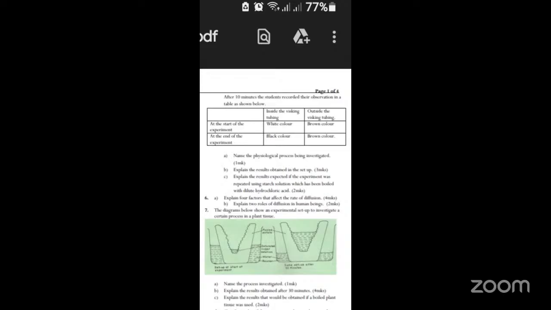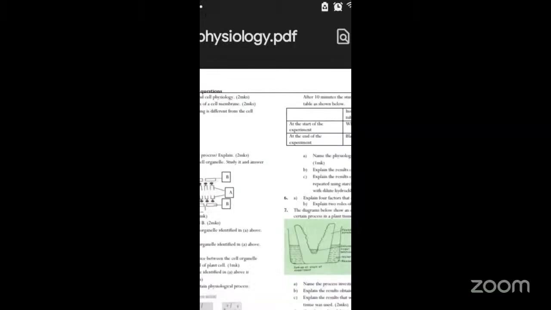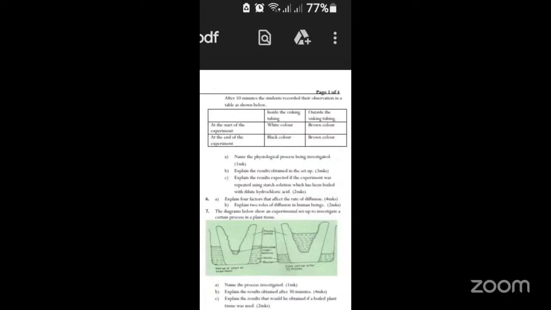Polysaccharides are the complex form of carbohydrates that are formed by more than two monosaccharides. A very good example of a polysaccharide is starch. So therefore, starch is more complex compared to maltose and glucose.